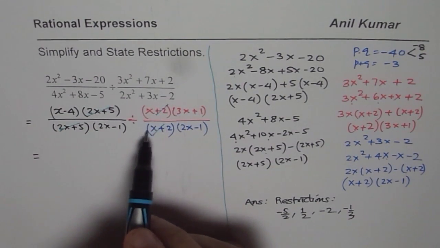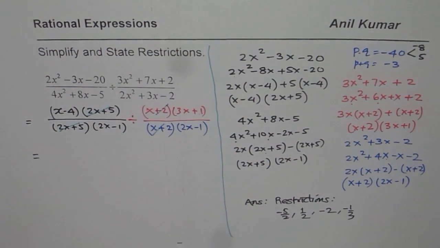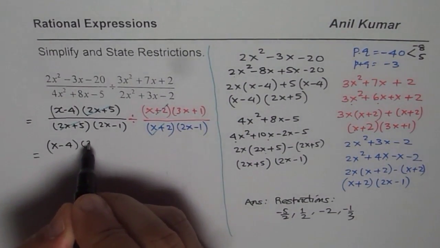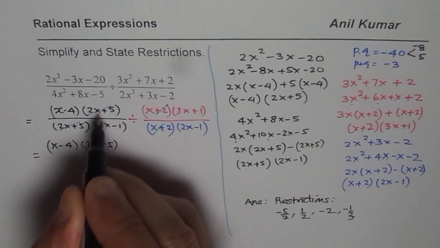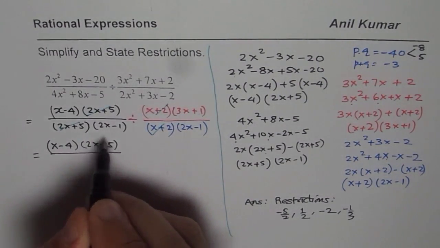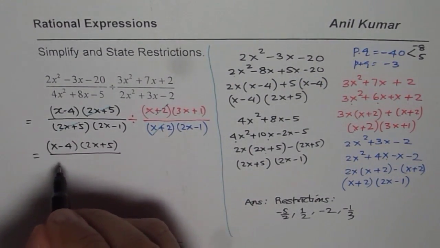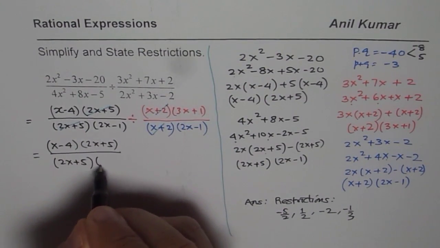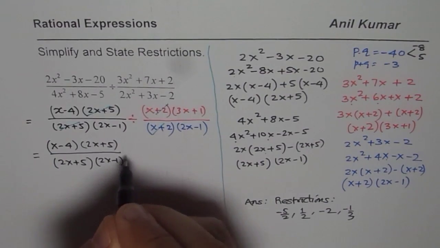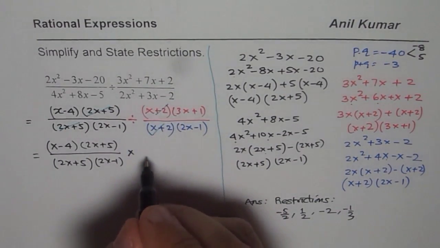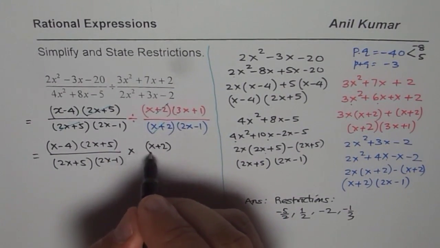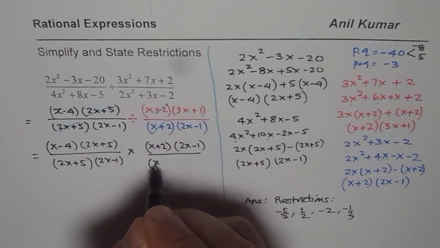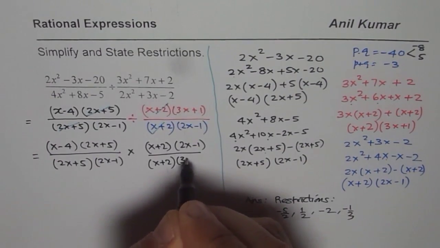Well, in a way, I should do the next step and then cancel. So let me rewrite this, okay? X minus 4 times 2x plus 5. Now, cancelling this was not a problem since it was in the same term. But anyway, we should not do it like this. We should first rewrite the whole expression with multiplication and flipping it. So we get here x plus 2 times 2x minus 1 divided by x plus 2 times 3x plus 1.